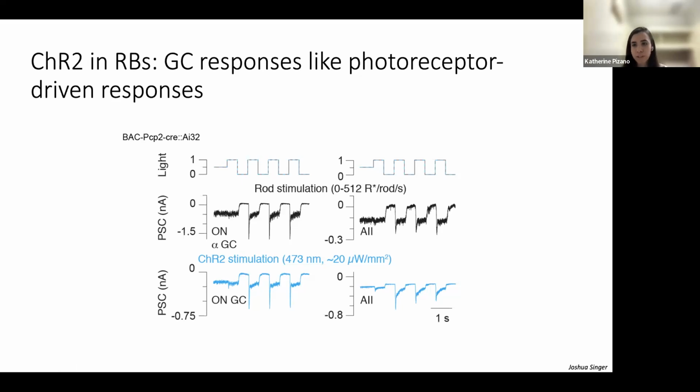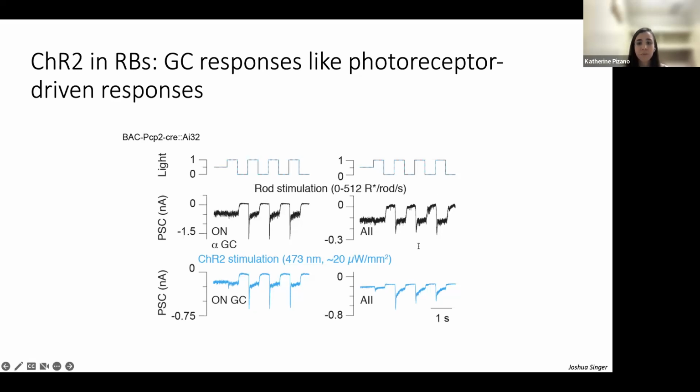And then from there, these on and off cone bipolar cells convey their signal to ganglion cells. Because we know that this on alpha ganglion cell responds to visual thresholds that are very sensitive, they get a lot of synaptic input from the rod bipolar pathway, which makes this a good cell to patch onto to see what's occurring.